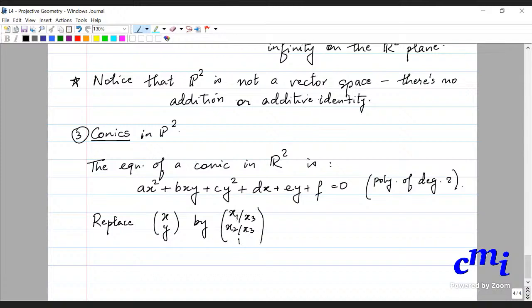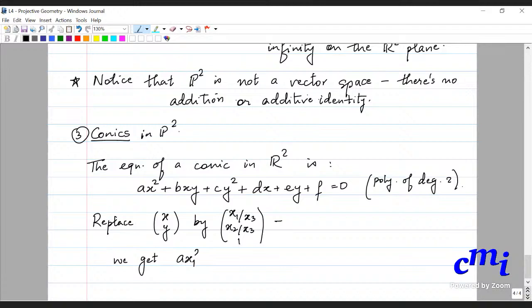So it's like you're still in the same space, you're still in R2 because this is 1. But instead of writing (x, y), I'm going to write x1, x2, x3, so that it will make the conversion to projective coordinates easier. If I do this replacement, you can simplify and check that the following is true.